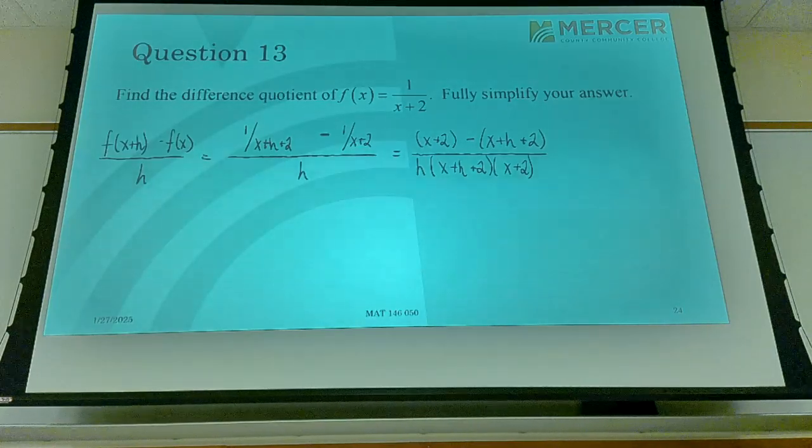By this common denominator, which is x plus h plus 2 times x plus 2. Yeah, because if you multiply numerator and denominator by the same thing, that's the same as just multiplying by 1, and multiplying by 1 doesn't change the value. So you're allowed to do it.